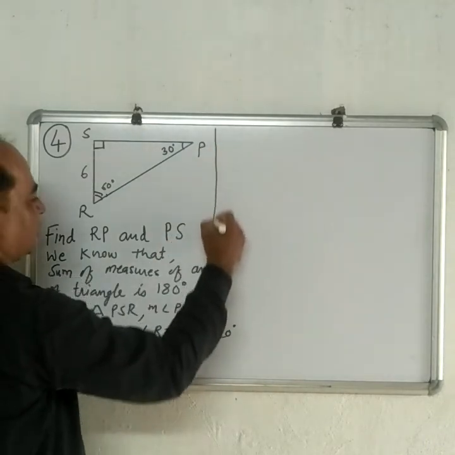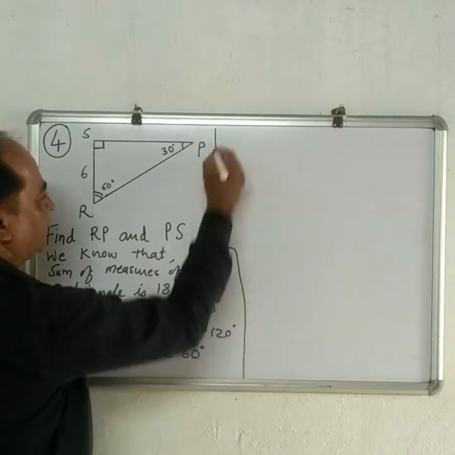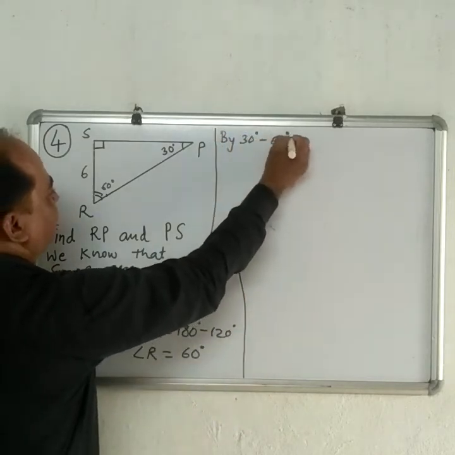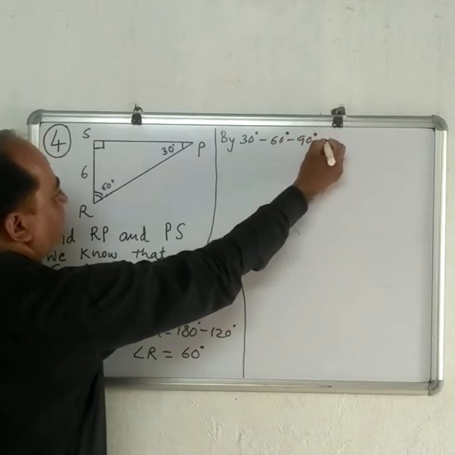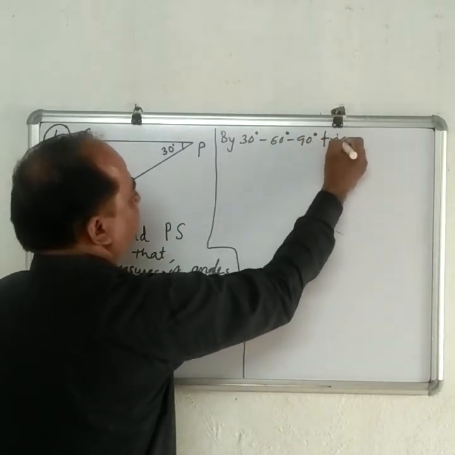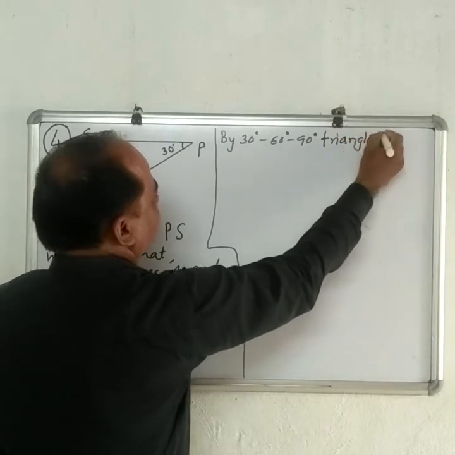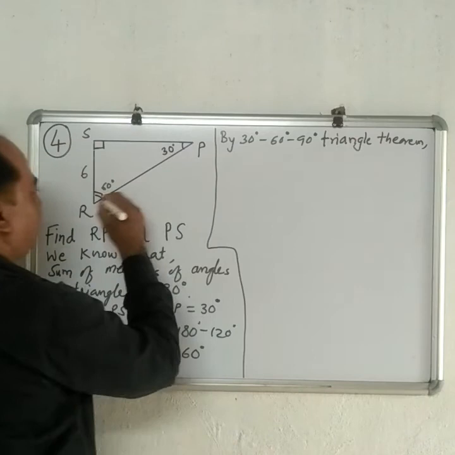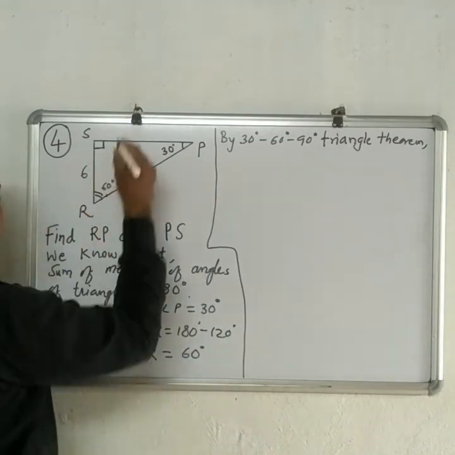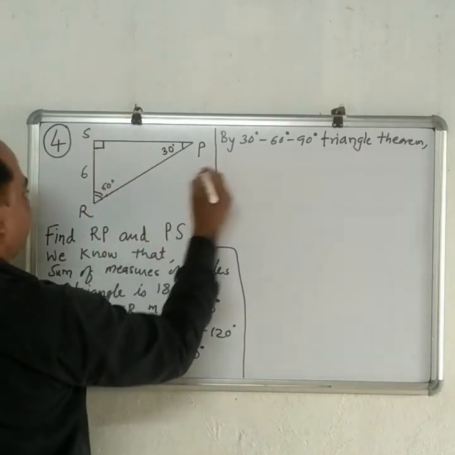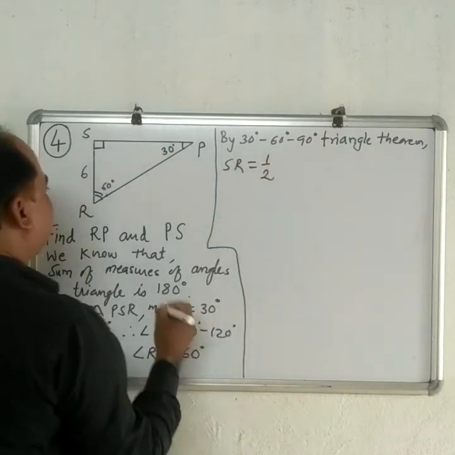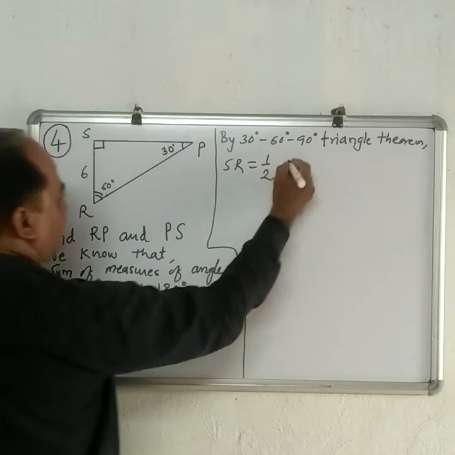So, by the 30, 60, 90 degree triangle theorem, the side opposite to 30 degree, that is SR, is half the length of the hypotenuse RP.